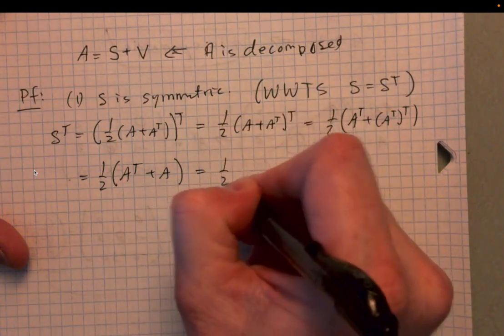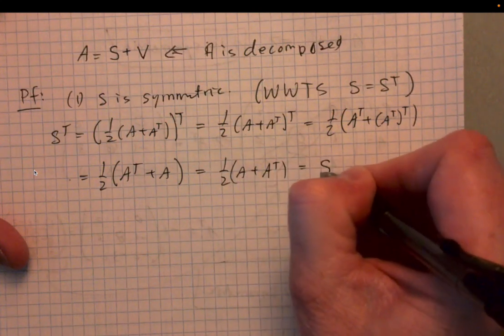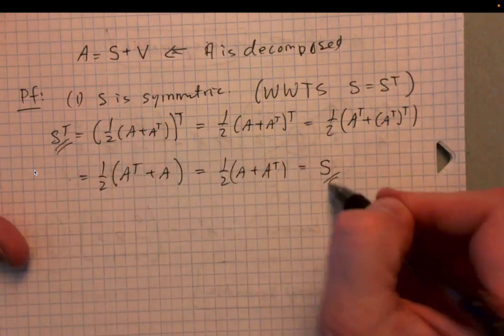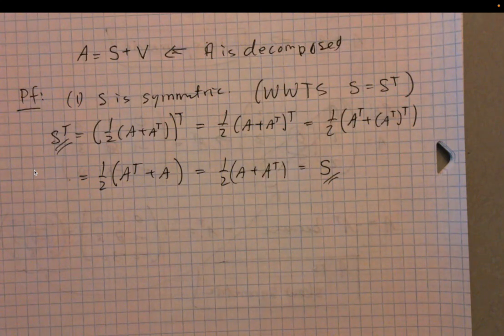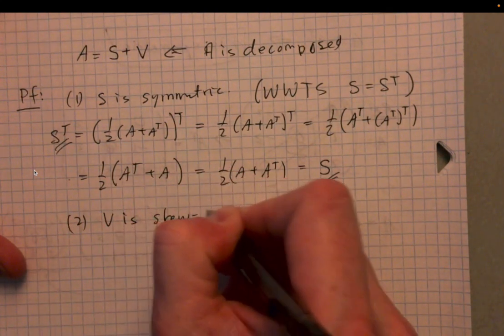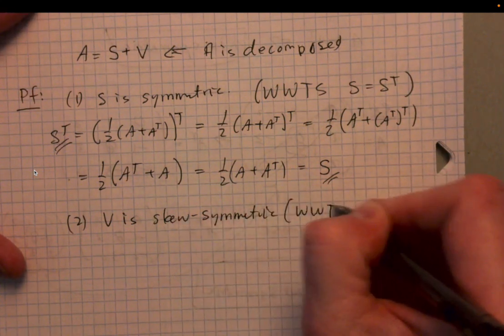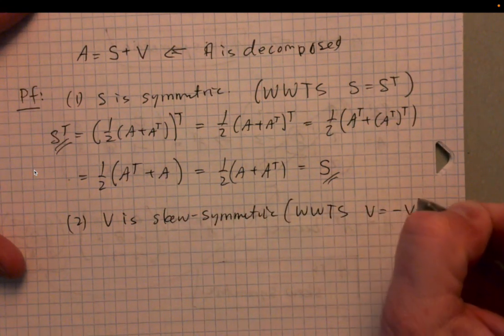And so this is 1/2 (A plus A^T), and so that is just S. So S^T equals S. These are just properties of the transpose. Okay, so item 2 then, V is skew symmetric. We wish to show that V equals negative V transpose.